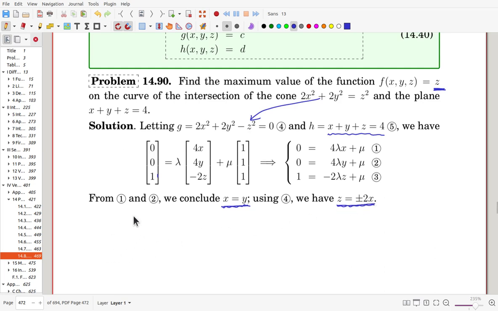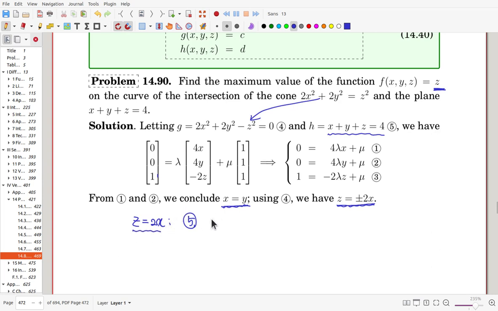Now, the first case is z equals 2x. Here we are trying to use the fifth equation. So far we used the first equation, second equation, and now the fourth equation. Now we'll try to use the fifth equation. x is y, and z is plus or minus 2x, but we start with this case.